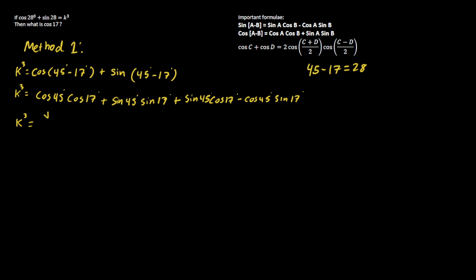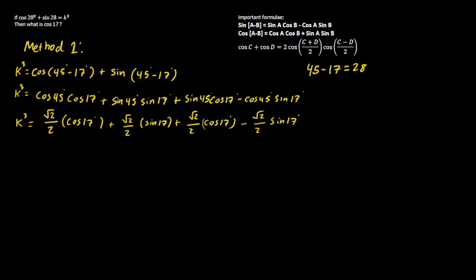And by doing that, we get root 2 by 2 cos 17 plus root 2 by 2 sine 17 plus root 2 by 2 cos 17 minus root 2 by 2 sine 17. Alright, and now we can cross these two out because they are the same thing.